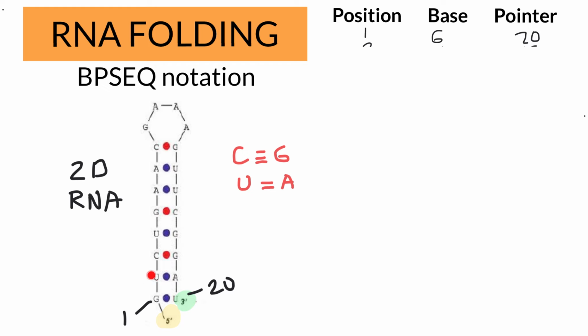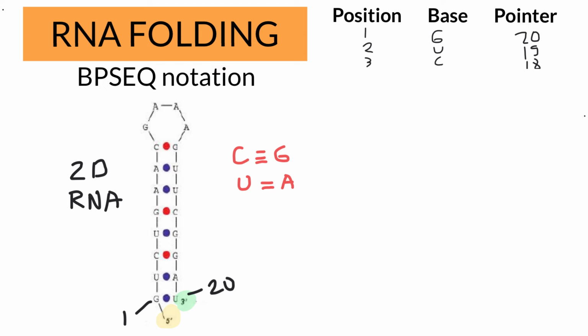Next goes uracil. It is position number 2. Take a look. Position number 2, uracil, and it connects with position 19. Next go, as you see, at position number 3, cytosine, and it connects with position 18, or points to the nucleotide 18.